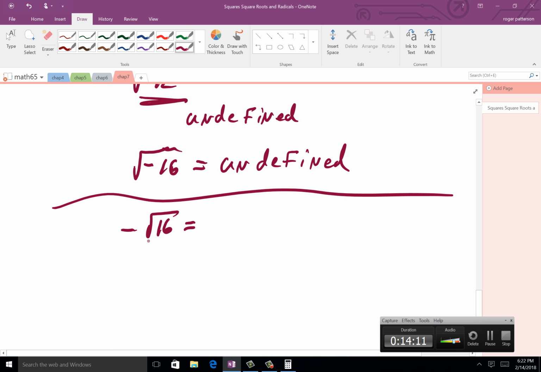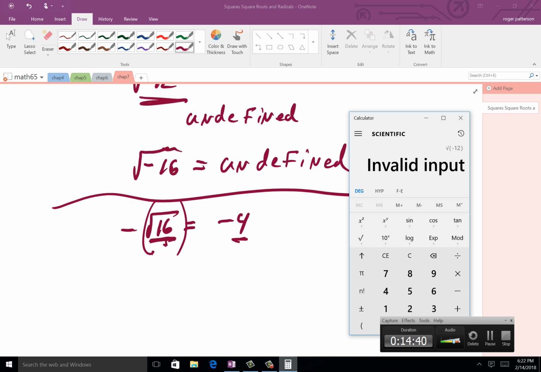So then we can do that. If it's on the inside, no, but if it's on the outside, we're okay. So here we would just take the square root of 16, which is 4. Make it negative, and there's my answer. So I take the square root of 16 first, figure out what that is, and now I just make that answer negative. That's okay. But we can't take the square root of a negative number.